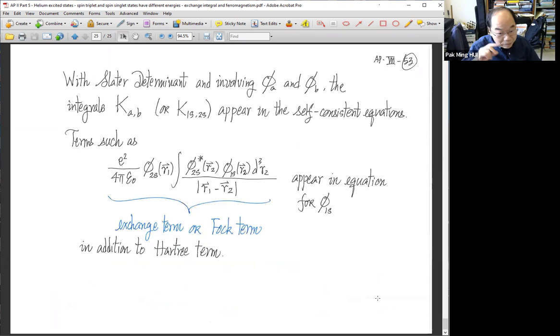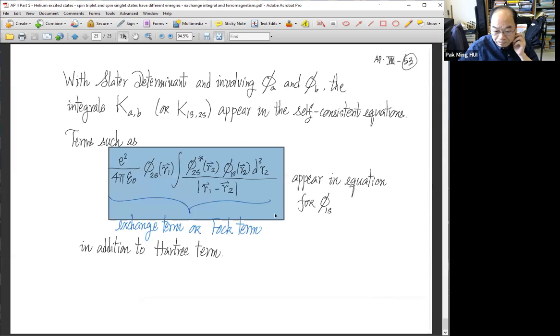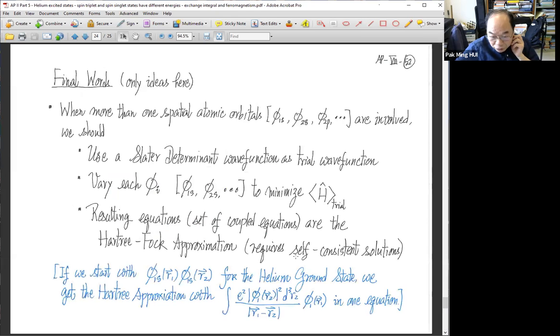So what I want to point out is that when you write down the equation to solve for 1s, there will be some strange-looking term that appears in the Schrödinger-like equation. The Schrödinger-like equation must carry things like 3 factors of wave function, right? You have 2 factors here, you have the third here.